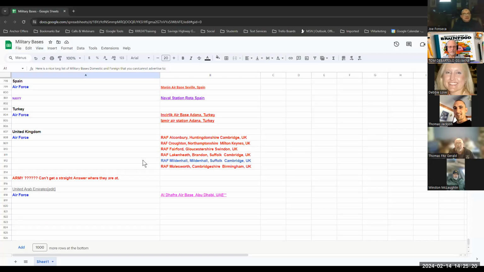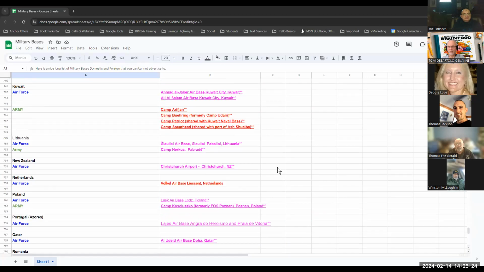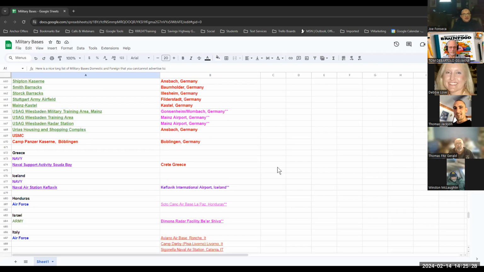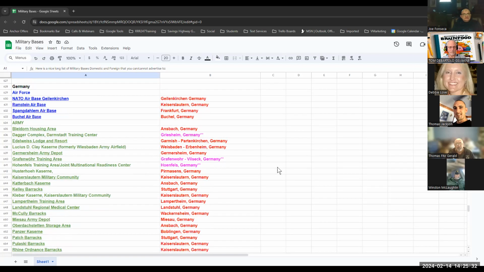He's put the cities there too. Right. So let's look at Germany, because Germany has so many military bases that you just want to advertise to the particular city.